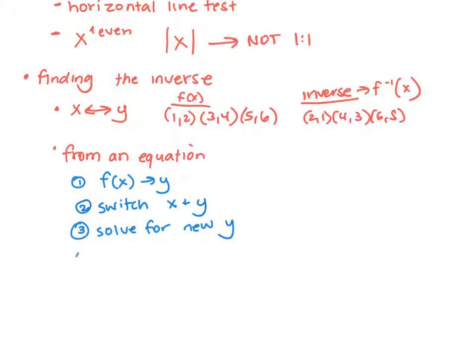And then the very last thing you're going to do is change the y into f negative 1 of x. It stings to go through all that work and then not do the last step and lose points, so be really careful. You can't leave it as f of x. It's no longer f of x. You actually changed your equation. So you show that it's okay that you change the equation by saying it's a different equation, the f negative 1 of x.